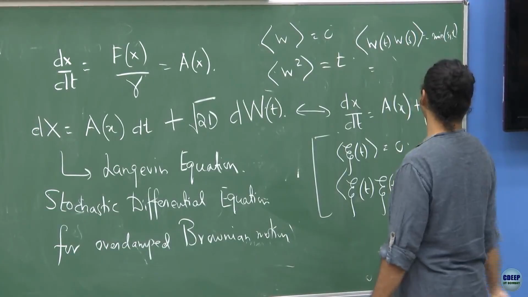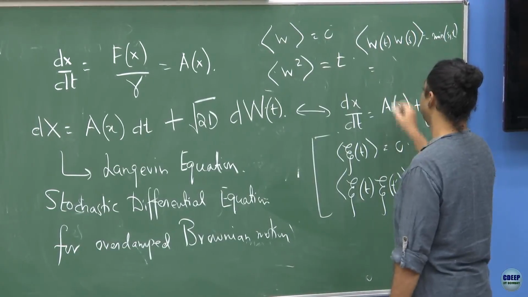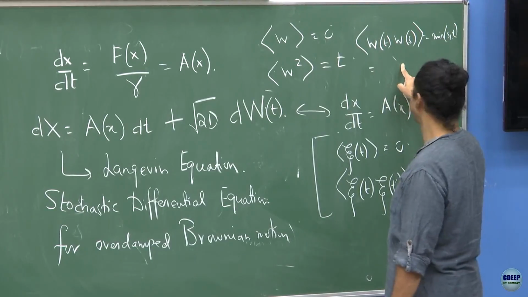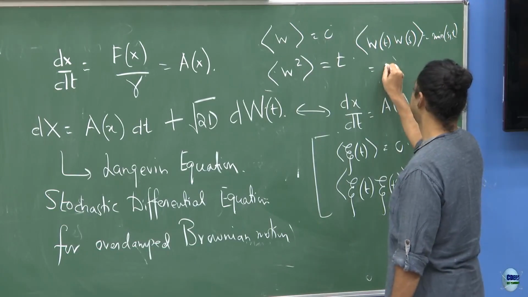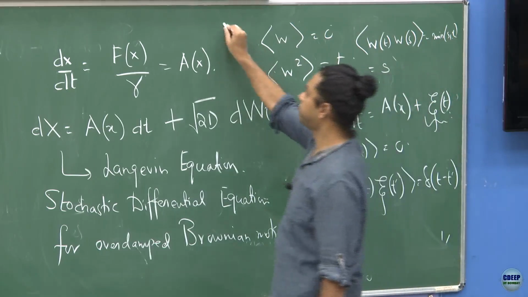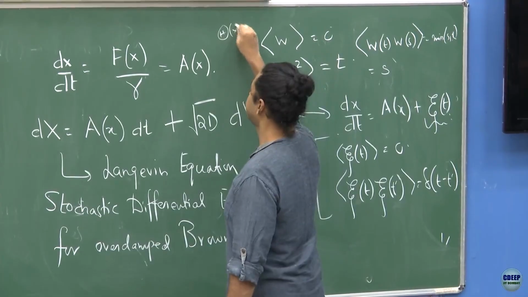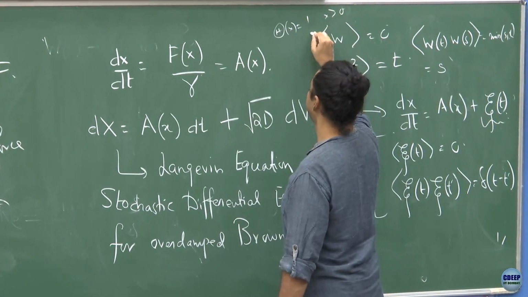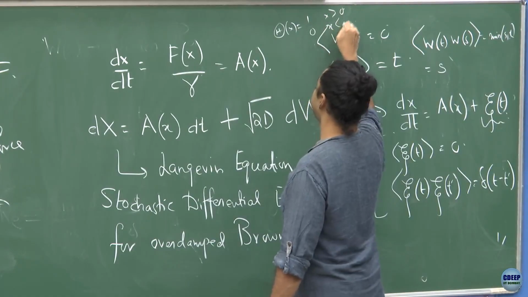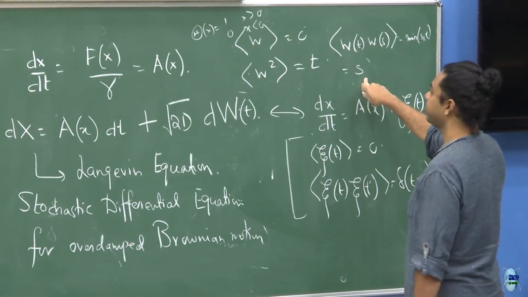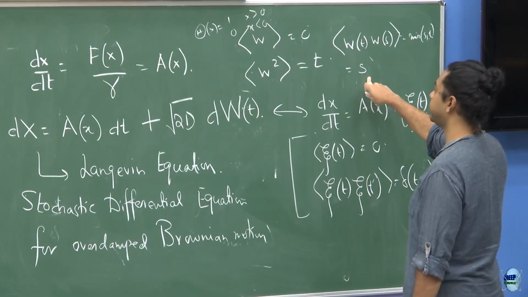This we can write in terms of Heaviside. Heaviside of x is 1 if x is greater than 0 and 0 if x is less than 0, right. So, I will have s when s is less than t.